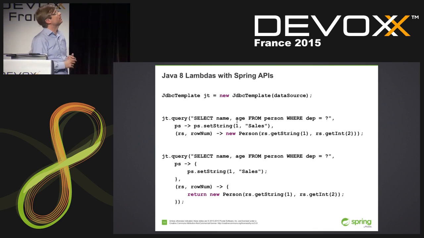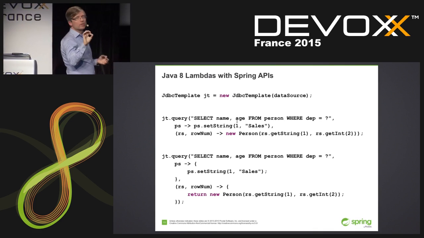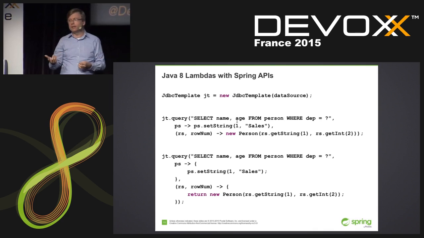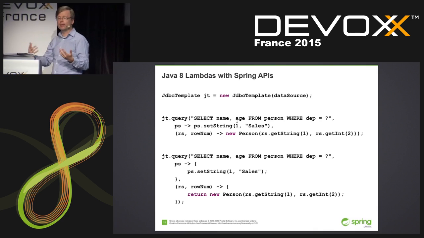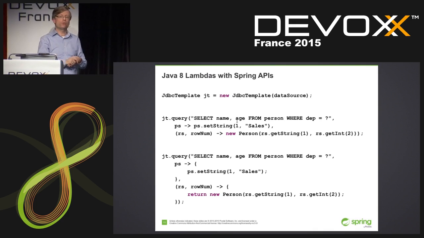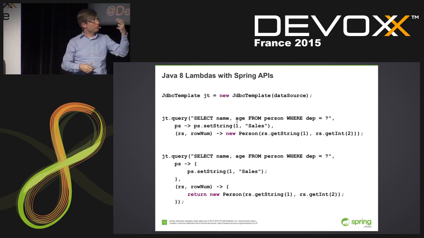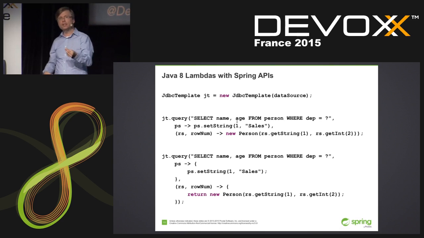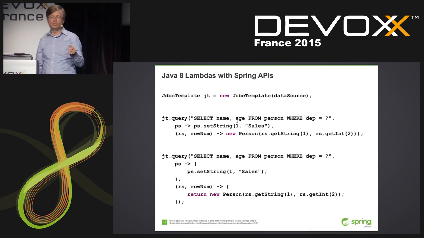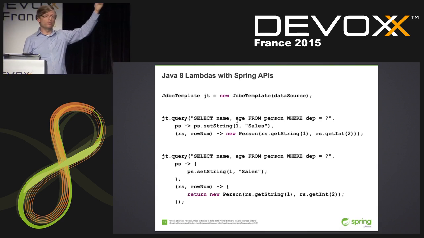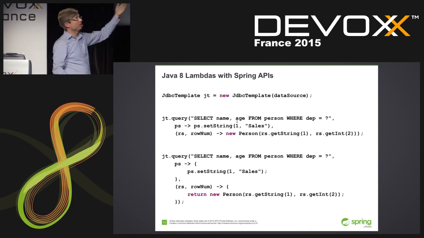This is inline lambda expressions where you're building a kind of callback that the target API requests from you. In this case, Spring's query method takes a SQL string, a prepared statement setter, and a row mapper. And you're fulfilling that signature here, right?